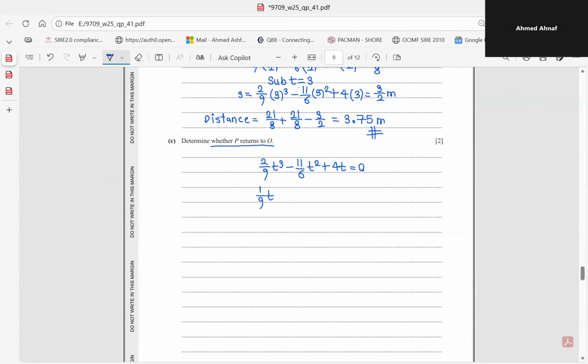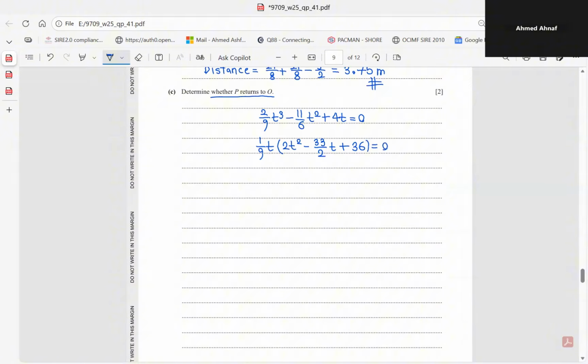So this is going to be 2t squared minus 11 over 6 divided by 1 over 9, that's minus 33 over 2 t, plus 4 divided by 1 over 9, plus 36, equals 0.